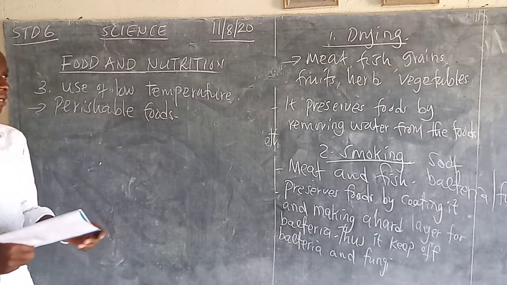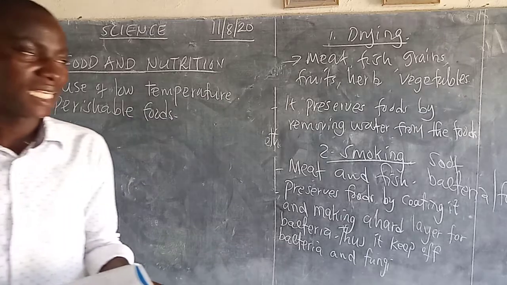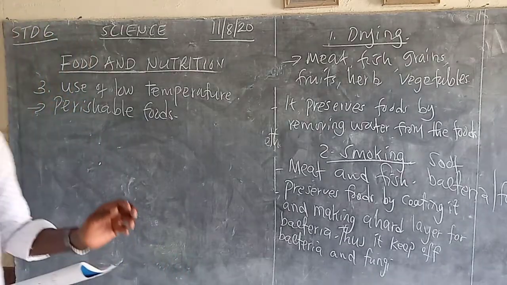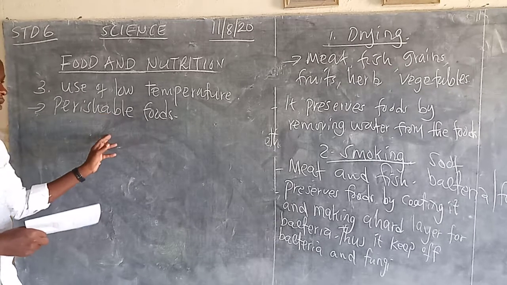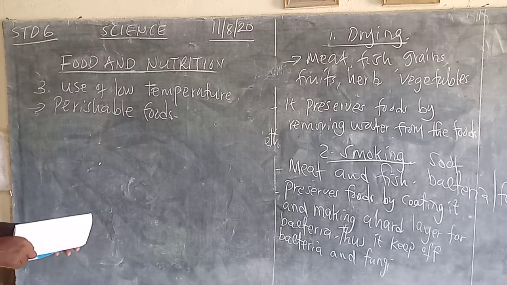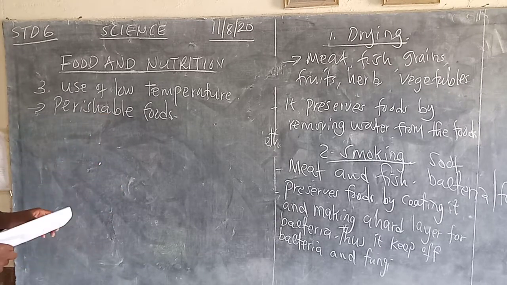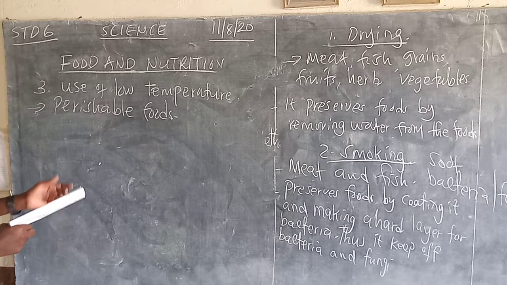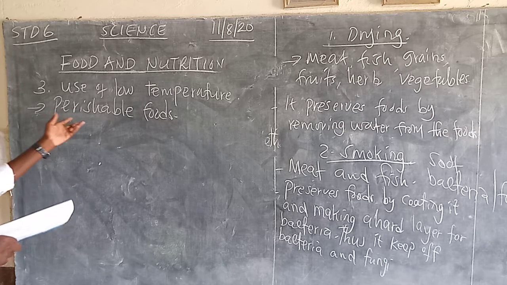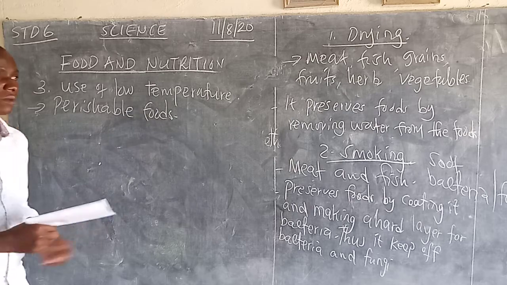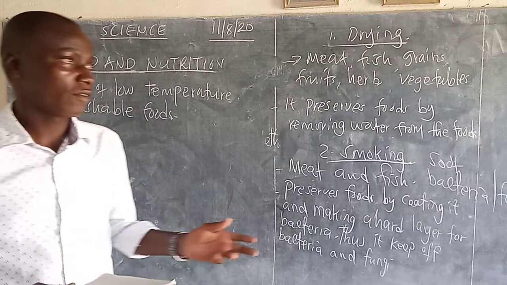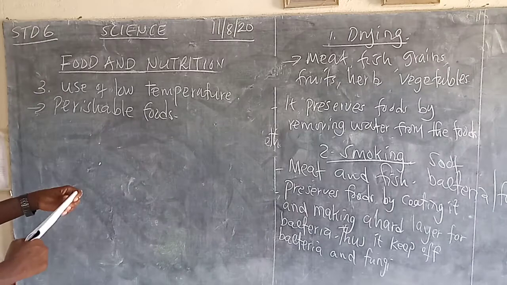Perishable, what does it mean? It means things that go bad easily, things that spoil easily. A good example is milk. Milk is highly perishable. If you have fresh milk today and you don't store it well, after a day it will be sour. Another good example is vegetables, like tomatoes. You have meat, you have fish. They need to be stored under low temperature.